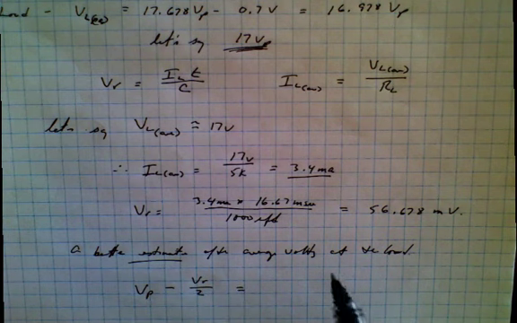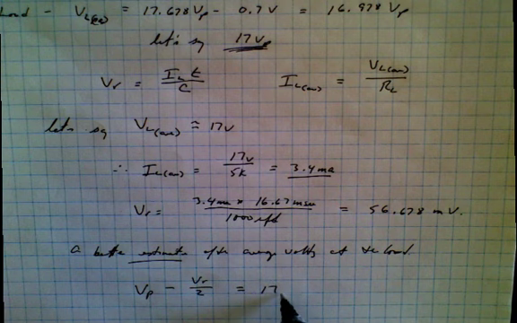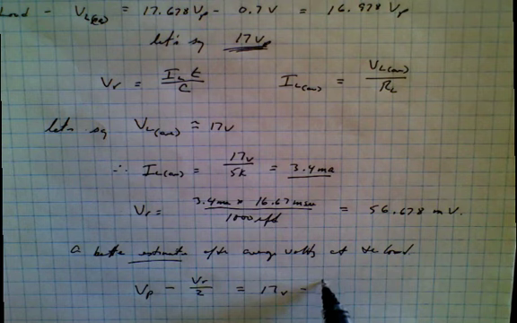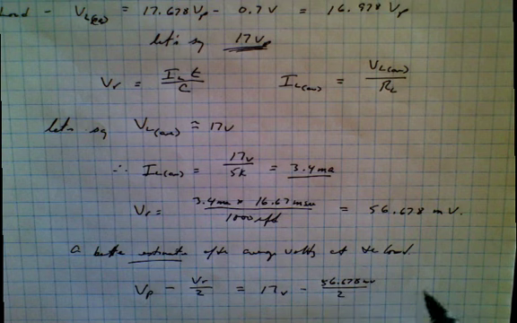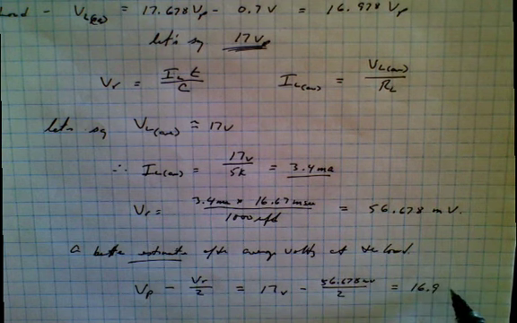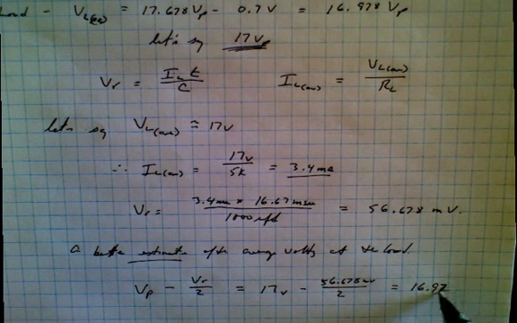And so we can say that this is about 17 volts minus the ripple voltage, which is 56.678 millivolts, divided by 2, which equals 16.9772 volts average.